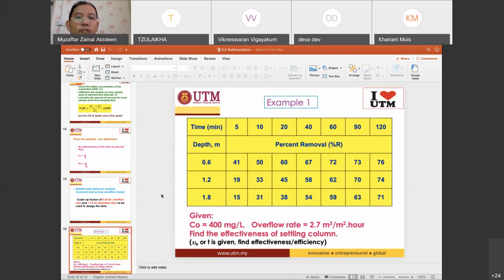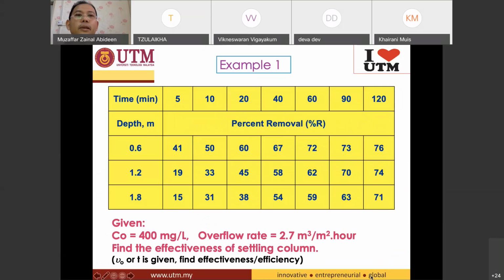So we have already covered the first example, I think late in the evening at that time. The data that is being given, and I believe that some of you have already done the assignment. So more or less like this. And then once you are presented with such data, the first step is to plot a graph. Look at this kind of question.